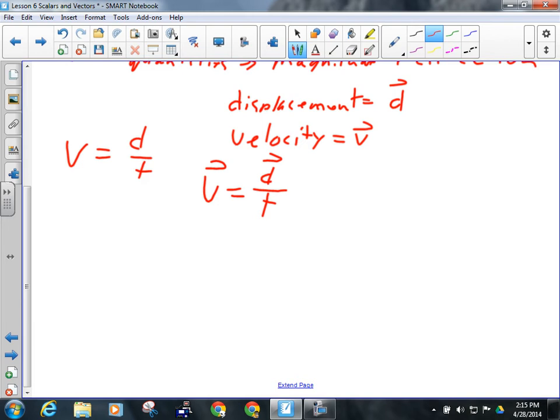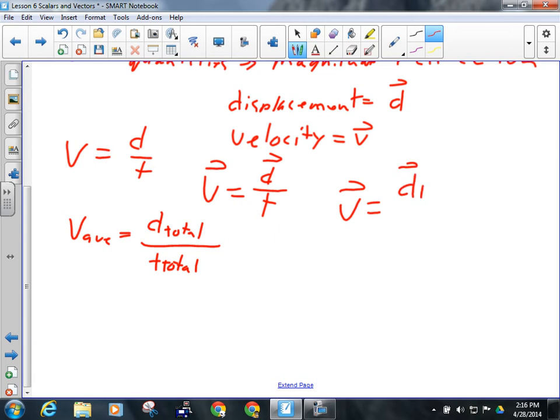All right, then we modify these formulas to be average. Okay, v average equals the total distance over total time. Right? Or if we were dealing with this one, it's the same thing. The average velocity is the total displacement over the total time.